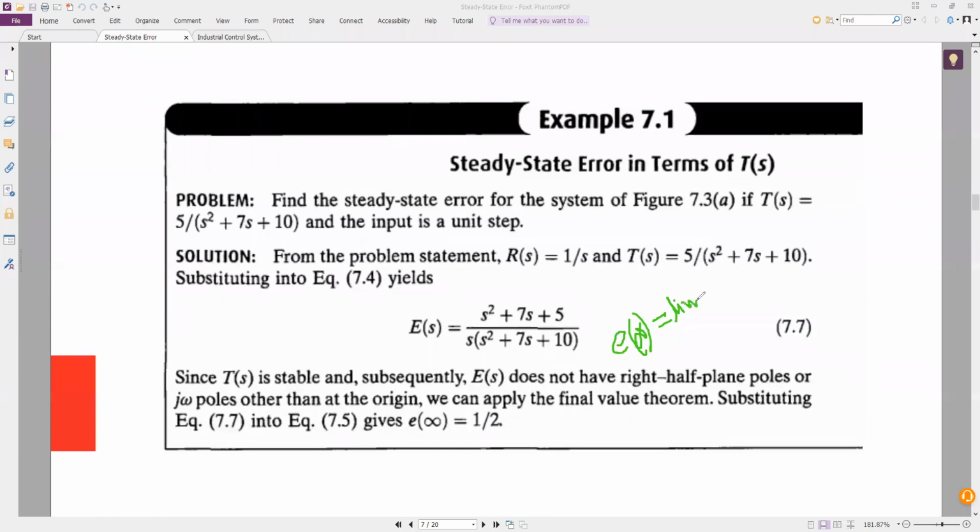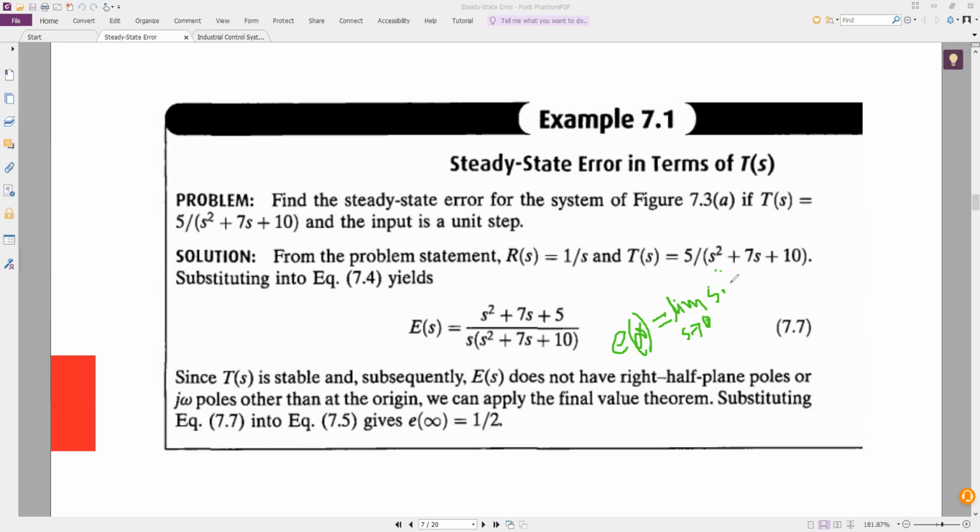The limit as s tends to 0 of s into E(s). E(s) means this value.